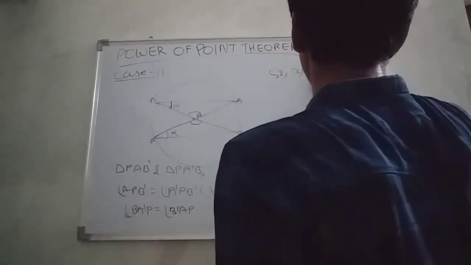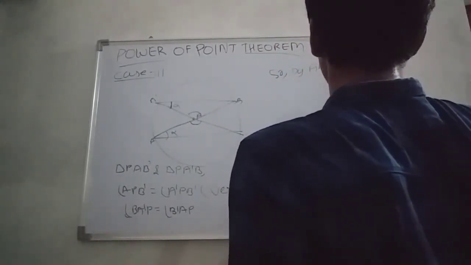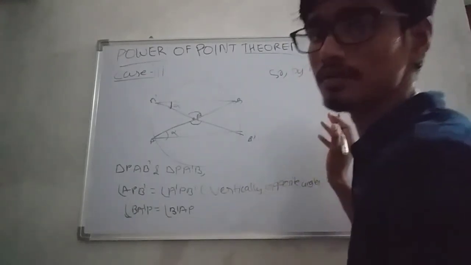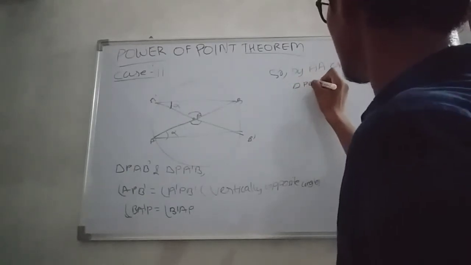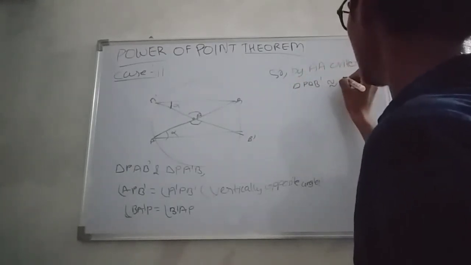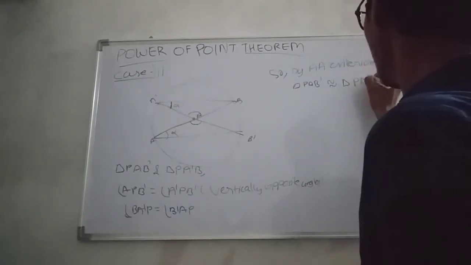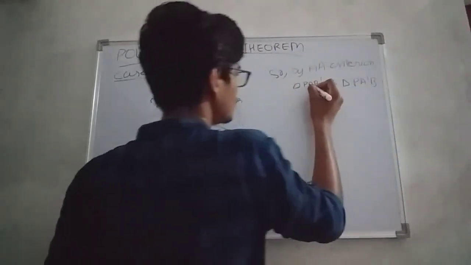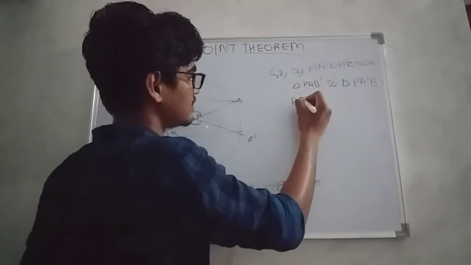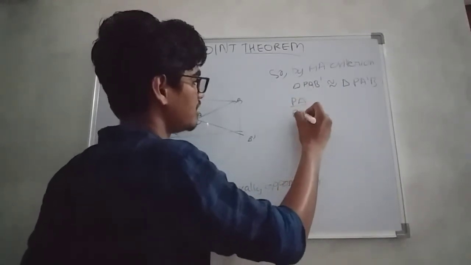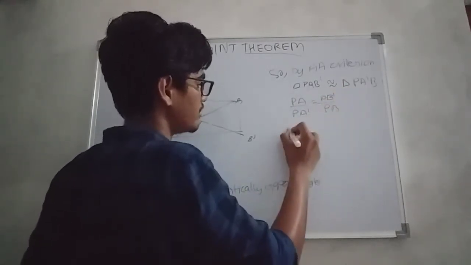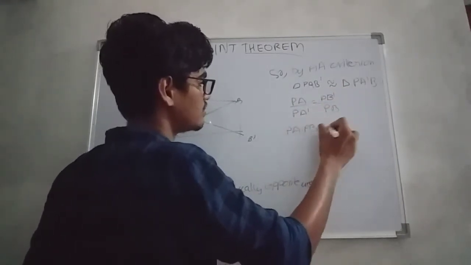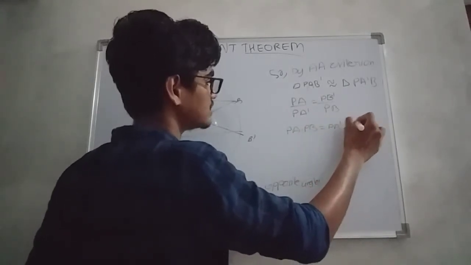So by AA criterion we have proved triangle PAB dash is similar to triangle PA dash B. By taking the sides ratio constant, PA by PA dash is equal to PB dash by PB. So PA into PB equals PA dash into PB dash.